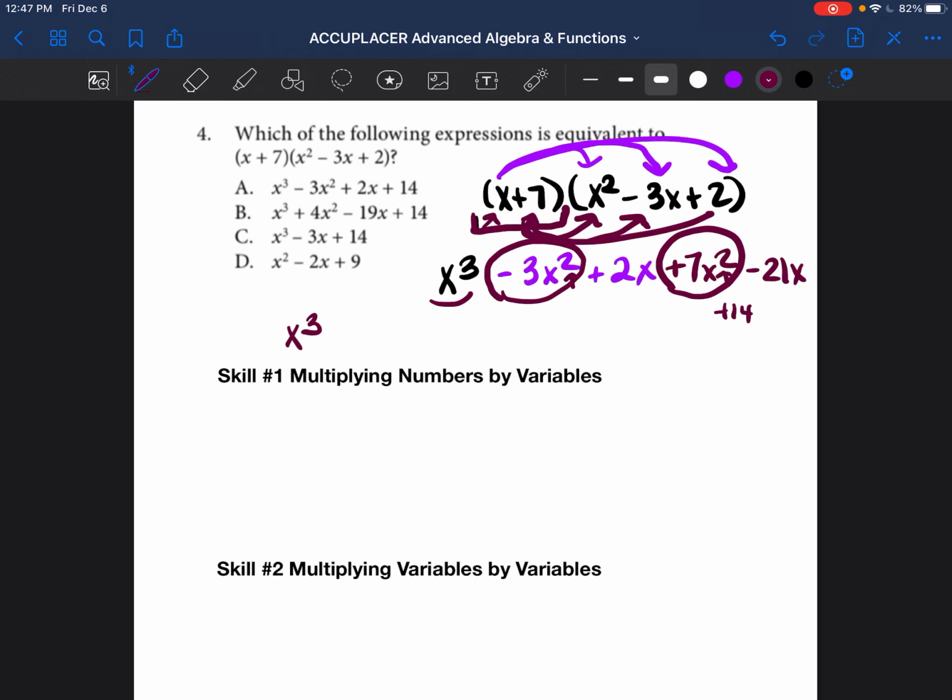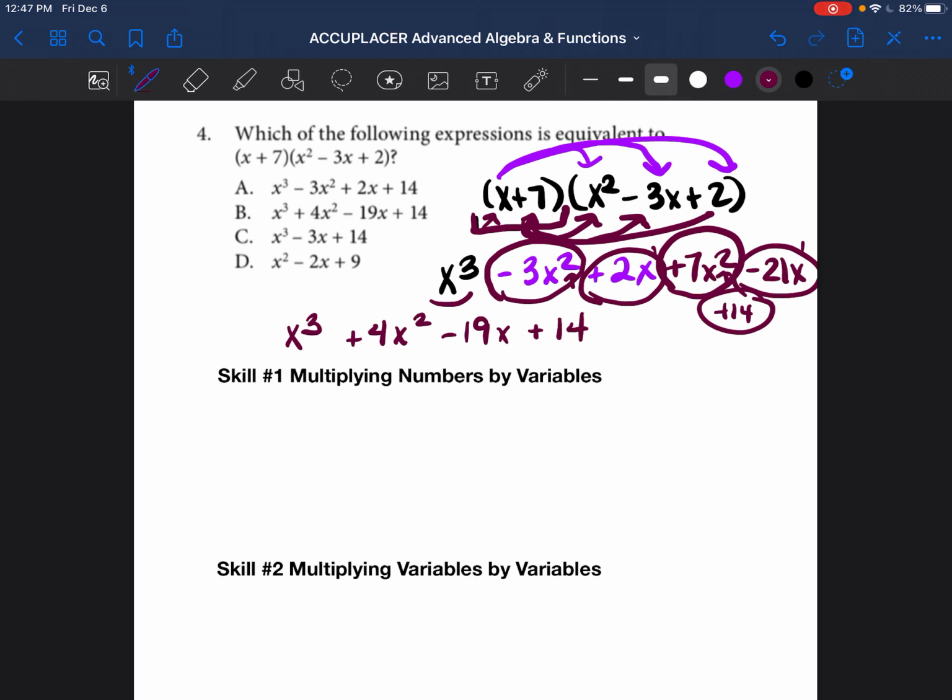Negative 3 plus 7 is 4x squared. Okay? And then we're going to look at 2x. 2x and negative 21x are like terms because they both have x to the first power. So negative 21 plus 2 is negative 19x. And then we just are left with 14, and there's nothing to combine that with, so that's what we're left with. So our answer is x to the third power plus 4x squared minus 19x plus 14.